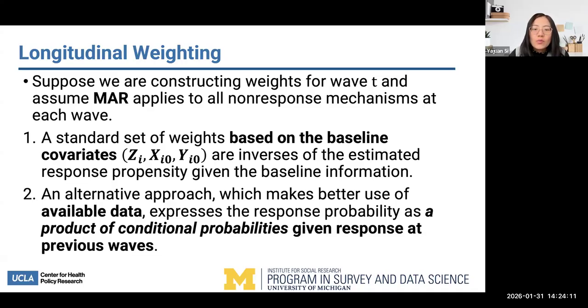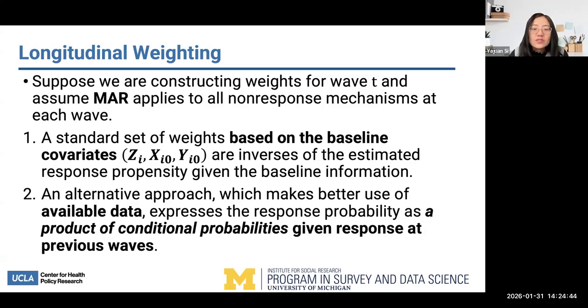So for example, when we try to construct the weights for wave 3, in addition to the baseline characteristics, which we call wave 0, if they have participated in wave 1 and 2, we can first model their response propensity for wave 1, then conditional on their participation in wave 1, we model their participation in wave 2.